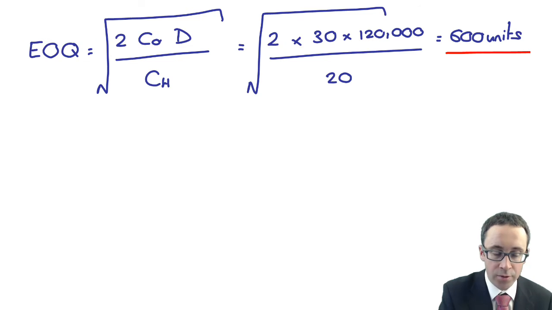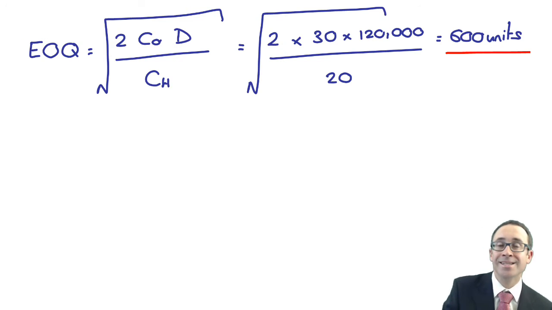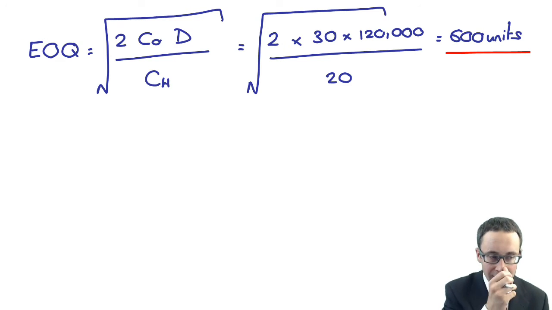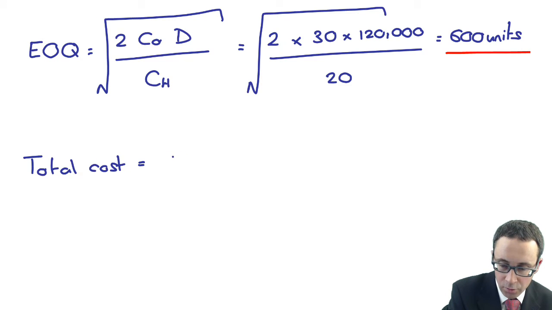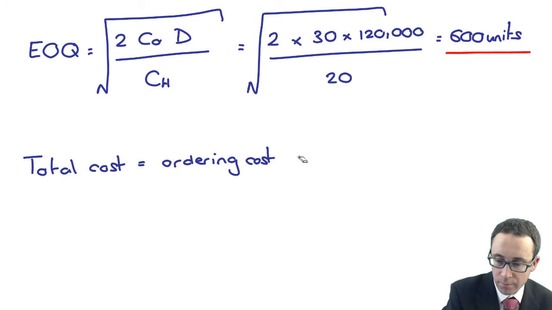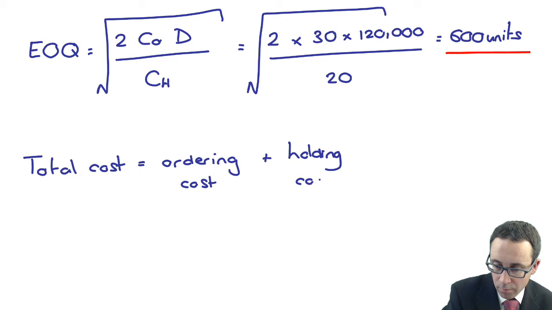But remember, what we need to do now is work out the total cost. Remember your total cost is going to be equal to your ordering cost plus your holding cost plus your purchase cost.